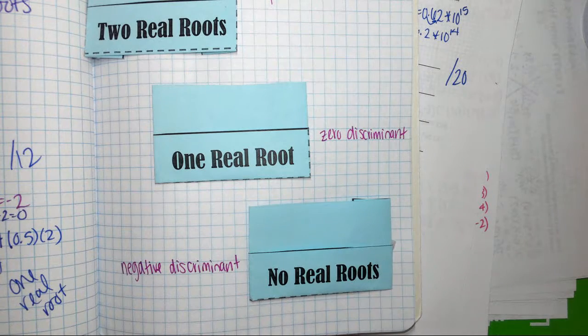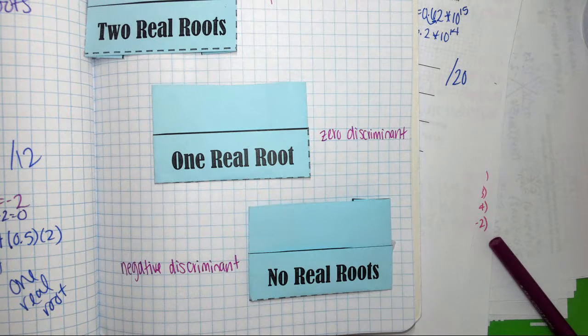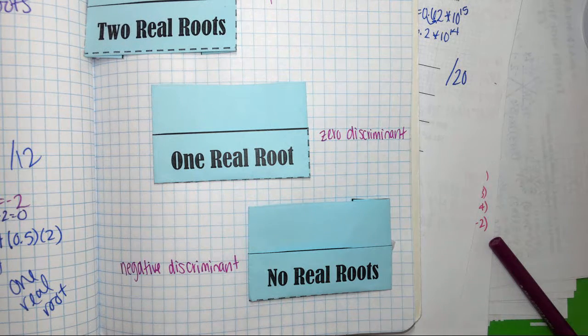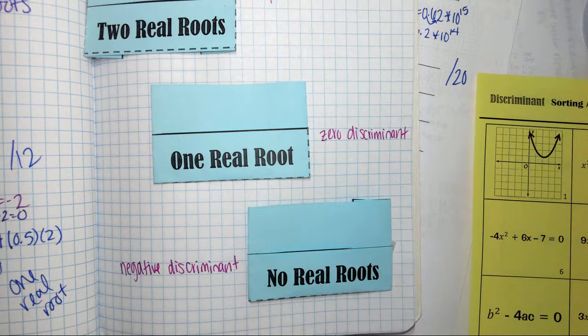Okay, so what we're going to do is you're going to work out your yellows. You can work it out on a separate sheet of paper. I have an answer sheet where you're going to write down what number goes in which pocket.